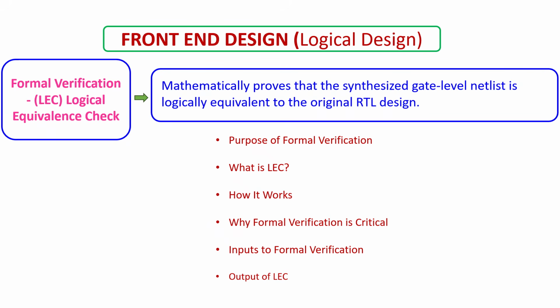It compares the RTL design and the synthesized gate level netlist, and it tells us whether it is mapped or unmapped. How does it work? It maps RTL signals to netlist signals, compares logical structures mathematically, analyzes all possible input combinations, and identifies a mismatch if there are any.